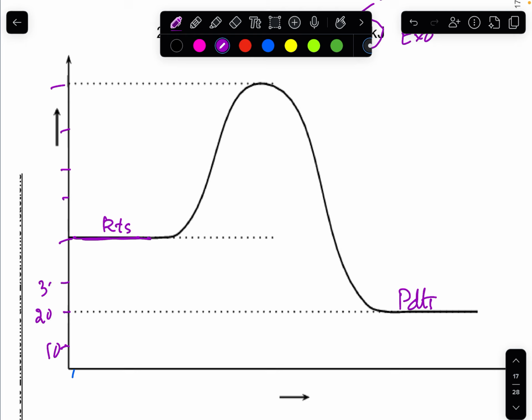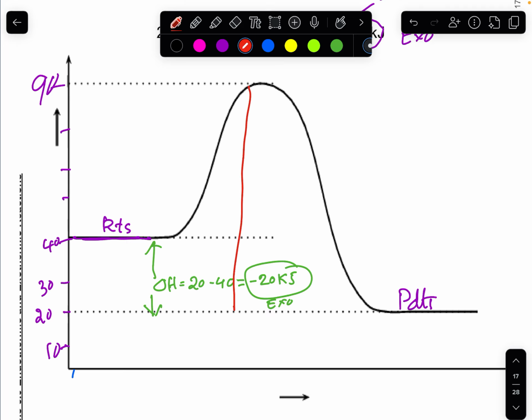10, 20, 30, 40, 50, 60, and this is 90. Now here the delta H value is the difference between this and this. Delta H is what? 20 minus 40, and you will get negative 20 kilojoule. So that is negative, so we can say exothermic.